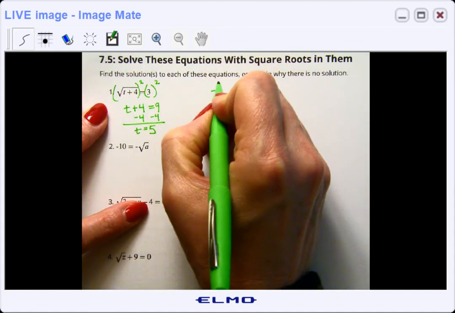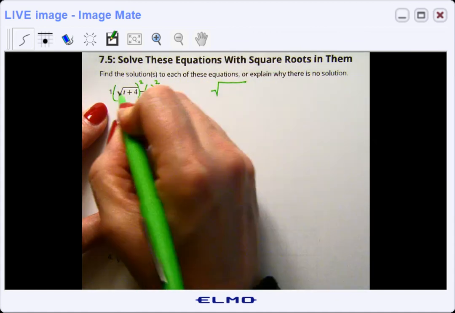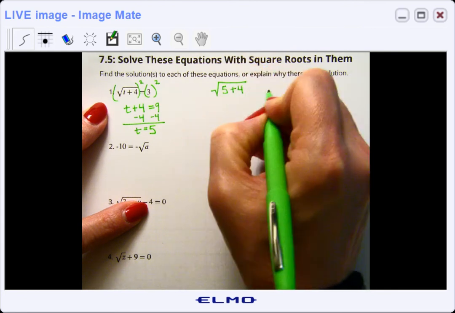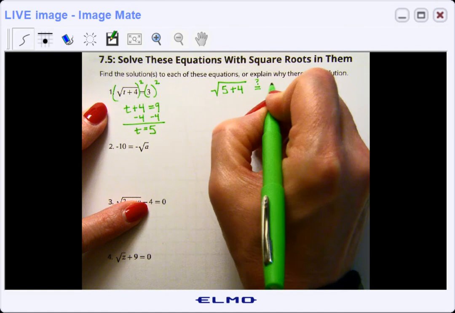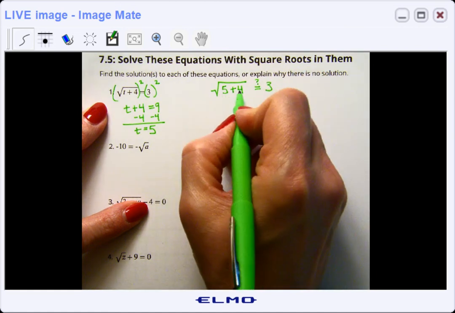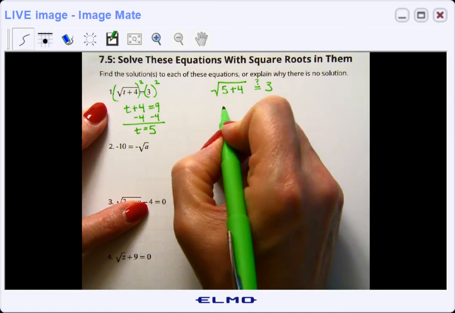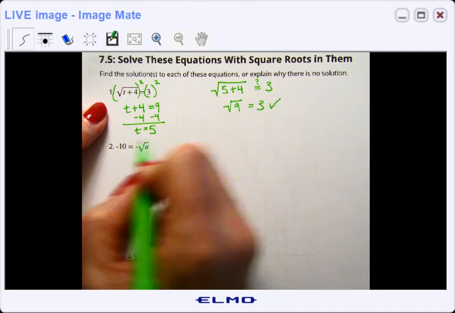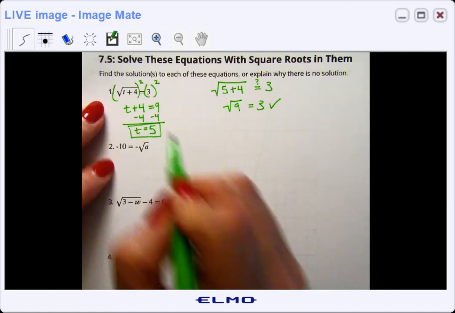I'm going to plug the 5 in. So we have the square root of 5 plus 4. Does that equal 3? 5 plus 4 is 9, so this is the square root of 9, which is 3. So that's a good answer. T equals 5.